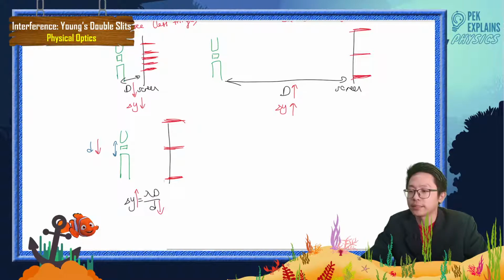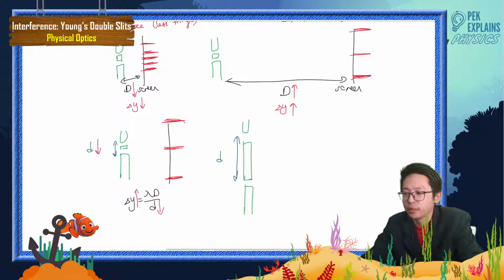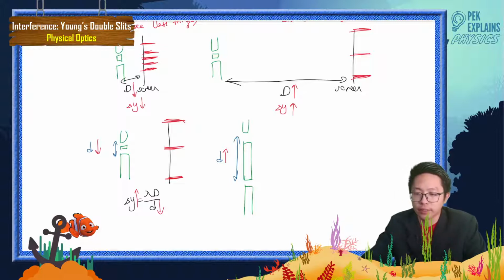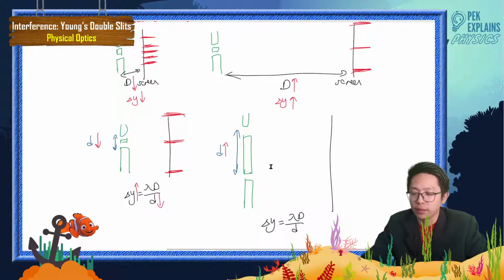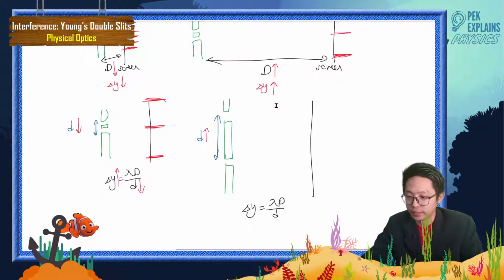But if the separation is very big, like this, very far apart, the interference pattern is very close together. Delta y equals lambda D over d. So if the separation is very big, then delta y becomes very small.